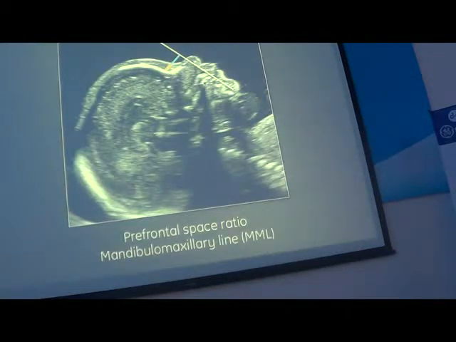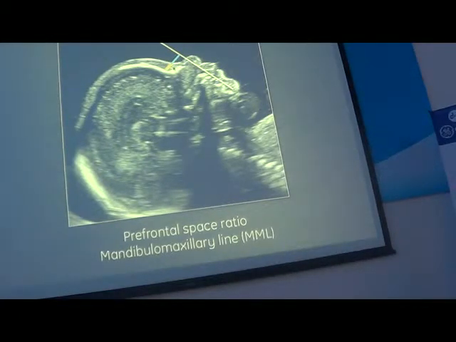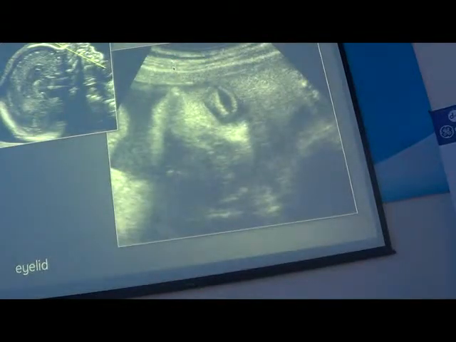And you will see at the end of the lecture, in case of Down syndrome, this distance is short and sometimes does not exist. In cases of Down syndrome, you can see this blue line is usually smaller or sometimes absent. That is the flat face.